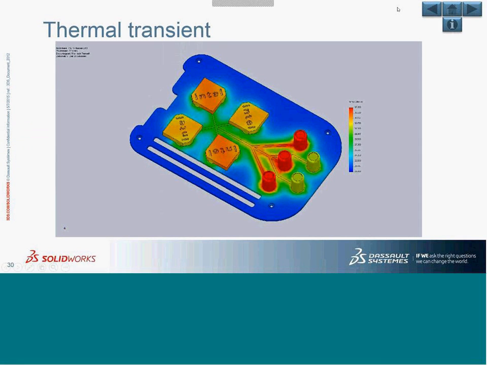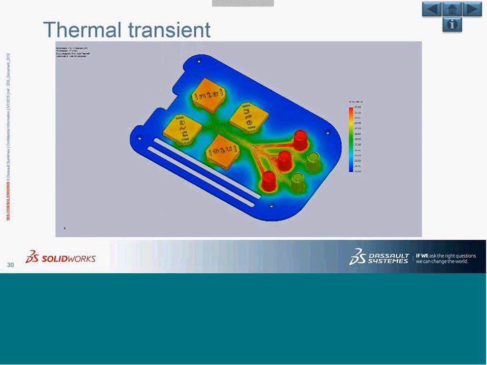Then there is the transient, or thermal time dependent, analysis. Here I might want to understand the effect of temperature over a period of time. It could be a case wherein I want to understand after how much time the part will reach a certain temperature, or after how much time the part would reach steady state.